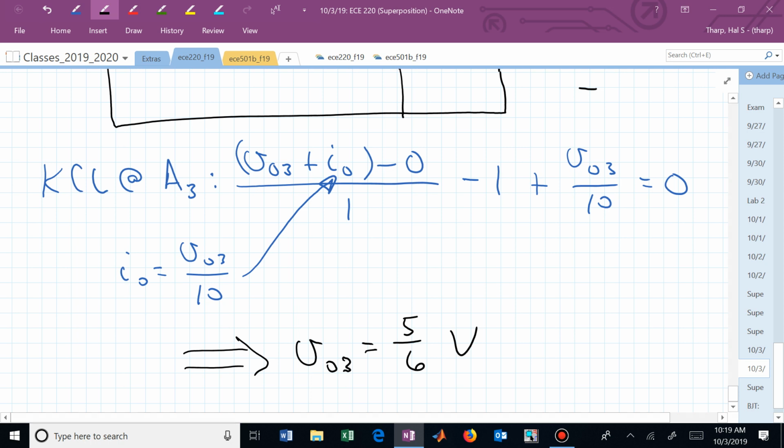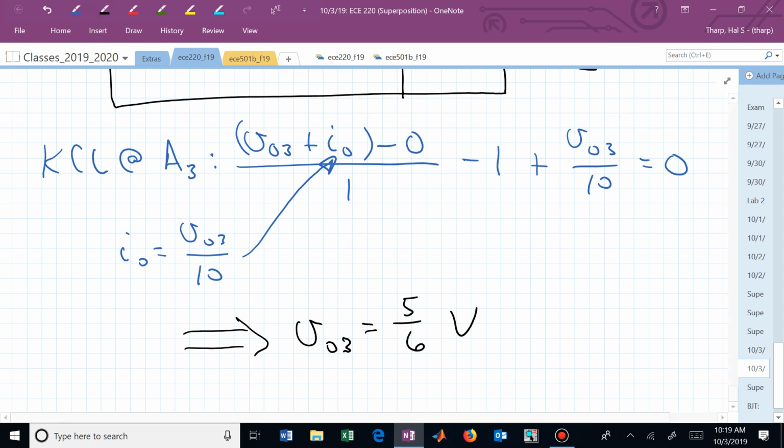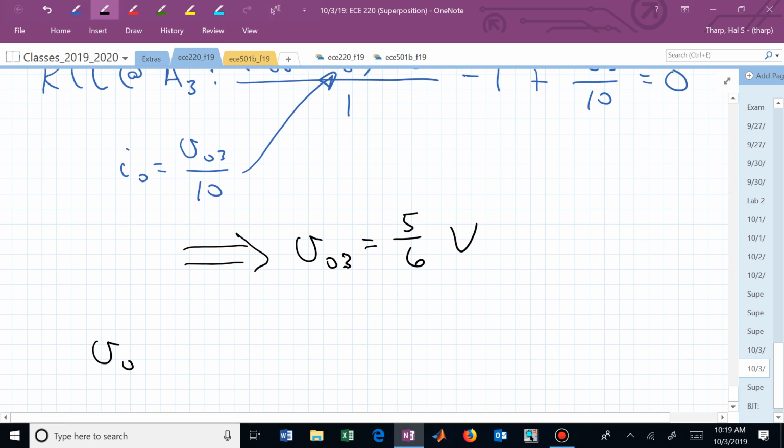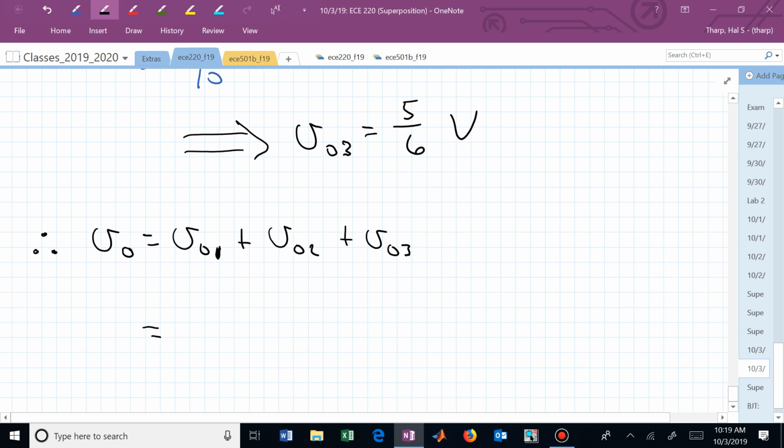Now we are in a position to compute the actual voltage when all three sources are present, which the first one gives us V01, the second one gives us V02, and the third one gives us V03. V01 was minus 5/3.